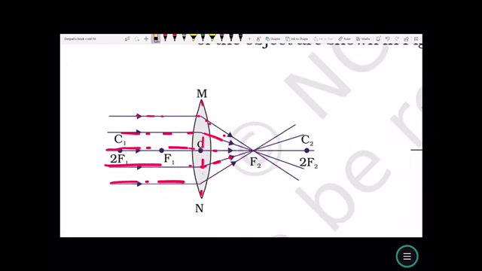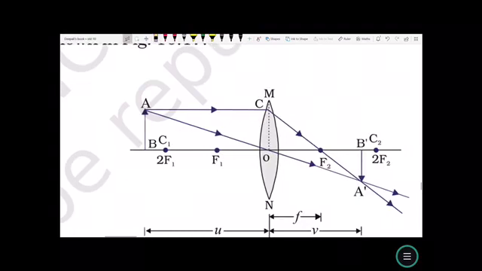So you can clearly observe that the image formed for the object at infinite distance is at the focus. It is real, inverted, point size. Now let us see the second position, for the object placed beyond 2f1.